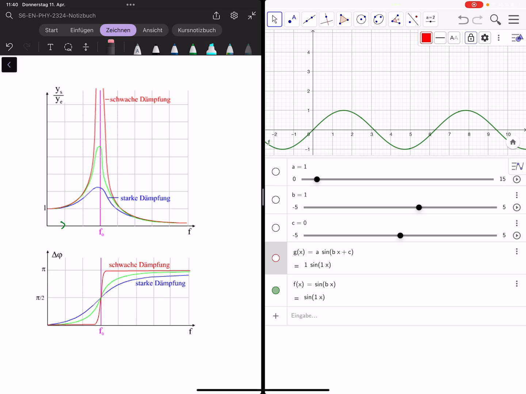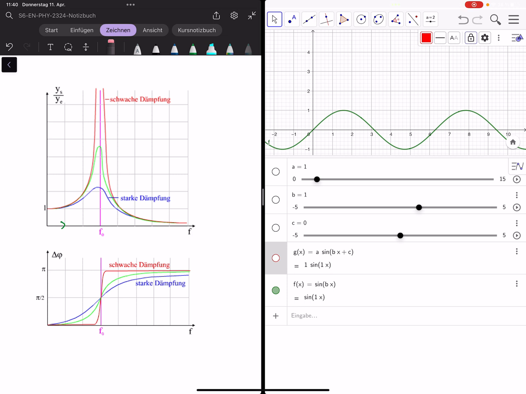And on the right side you see the graph of the exciter in this case, and I will go into more detail shortly.